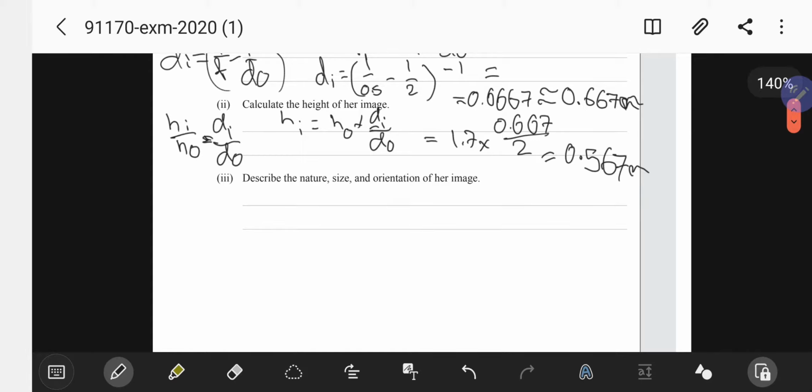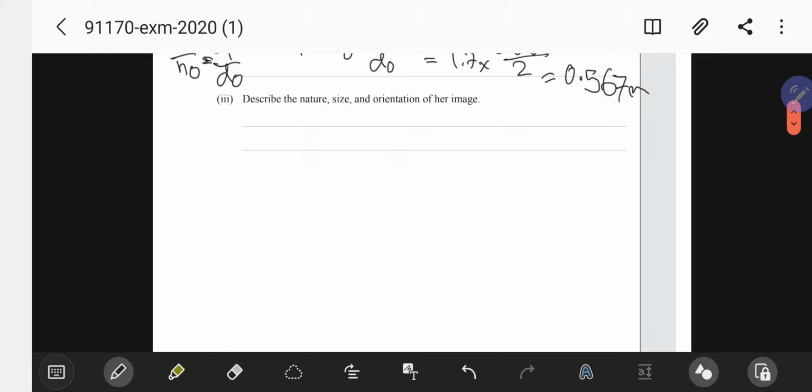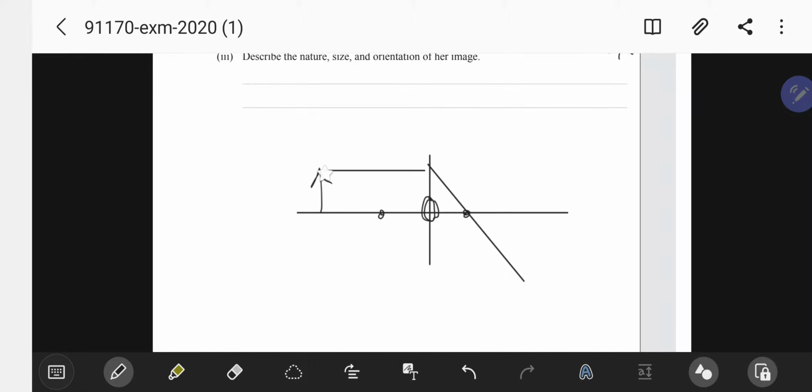Describe the nature, size, and orientation of your image. So, when we have a concave mirror, sorry, convex lens, not a concave mirror. So we have a convex lens, something like this. And let's say we have the object here, focal point here. We are going to get the rays going from here to here, and from here to here.